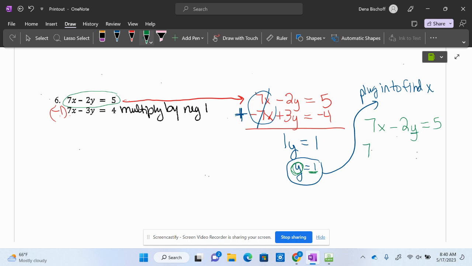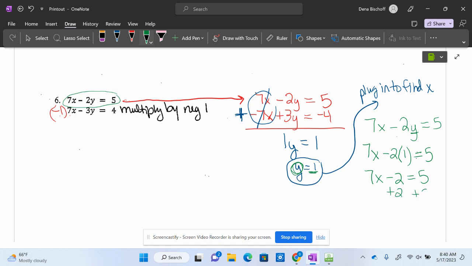So 7x minus 2 times number 1, right? The y is actually 1, equals 5. So 7x minus 2 equals 5. What do you want to do next? Add 2 to both sides.